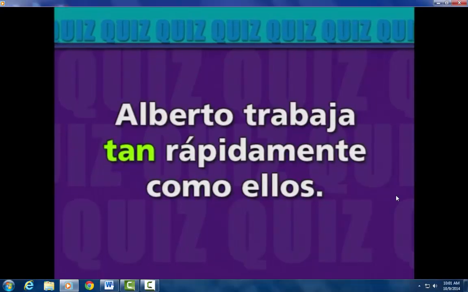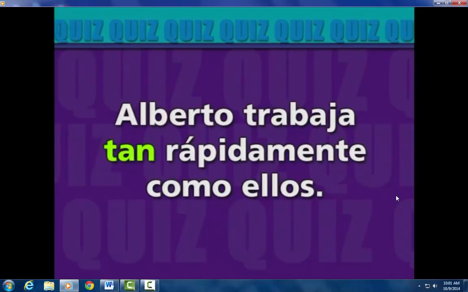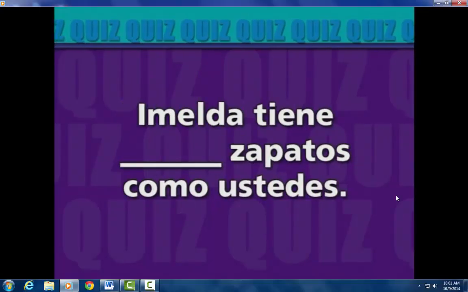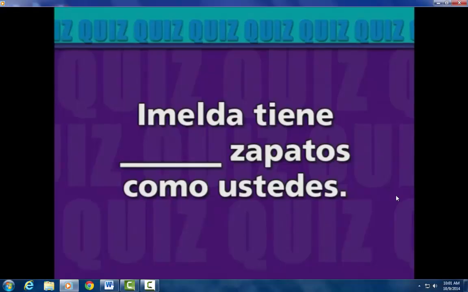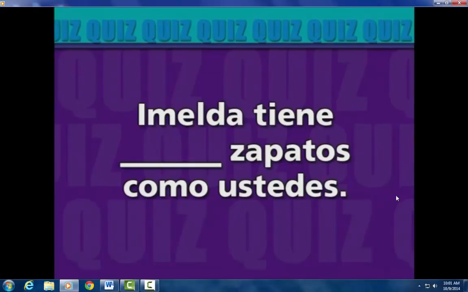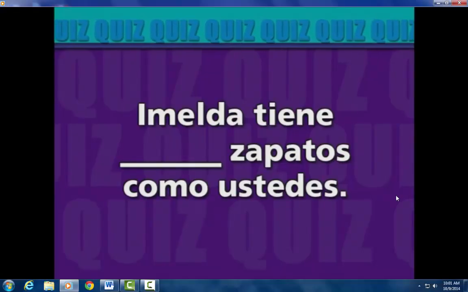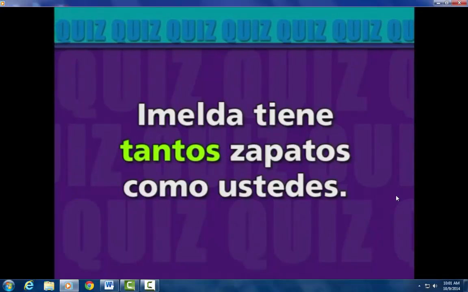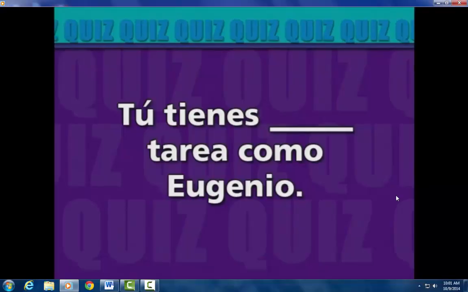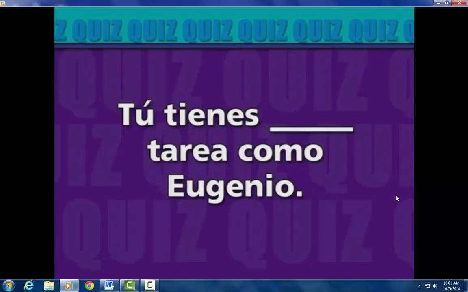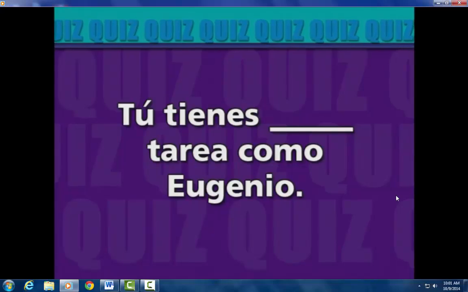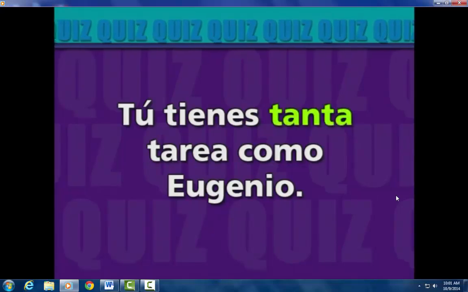Tan. Kudos. Imelda tiene zapatos como ustedes. That's right. It's tantos. And last but not least, tú tienes tarea como Eugenio. Tanta. You got it.